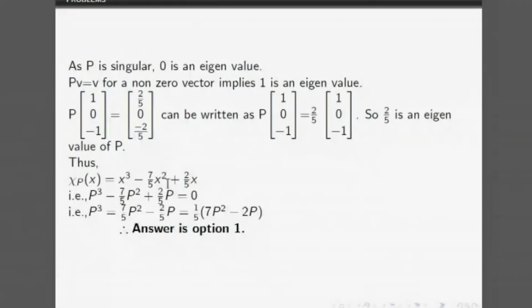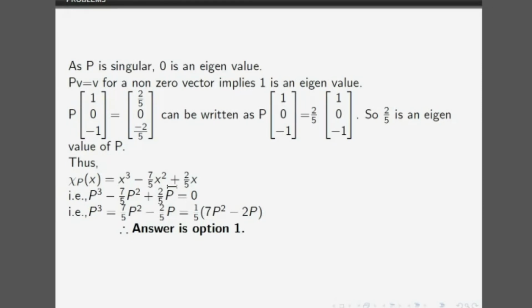That is, the first one is the sum of eigenvalues 0, 1 and 2 by 5, which is 7 by 5. Then 2 by 5 will be the next one, that is taking pairwise. We are taking the sum of products taken 2 at a time, which we get to be 2 by 5, and finally the determinant.